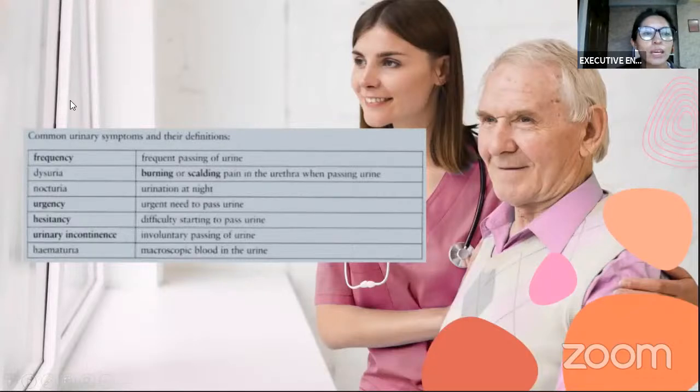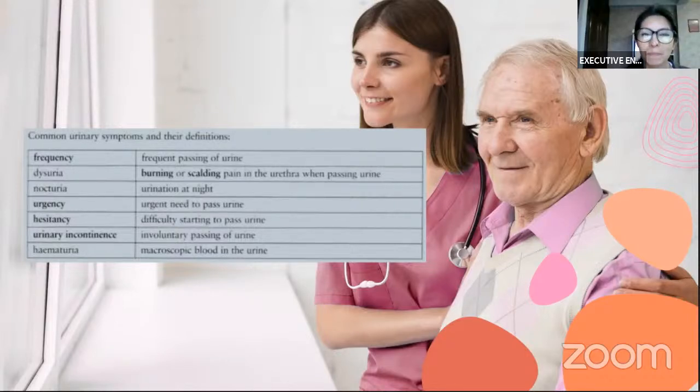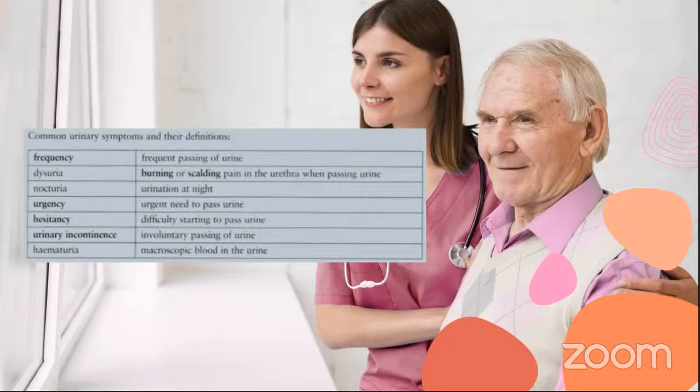Please, Salome, can you read this box? Sure, teacher. Common urinary symptoms and their definitions. Frequency: frequent passing of urine. Dysuria: burning or scalding pain in the urethra when passing urine.